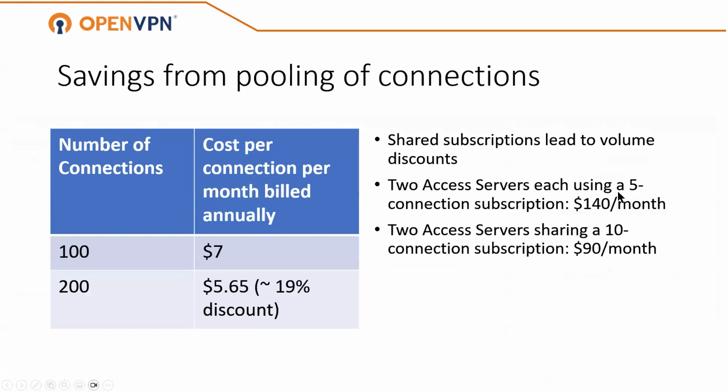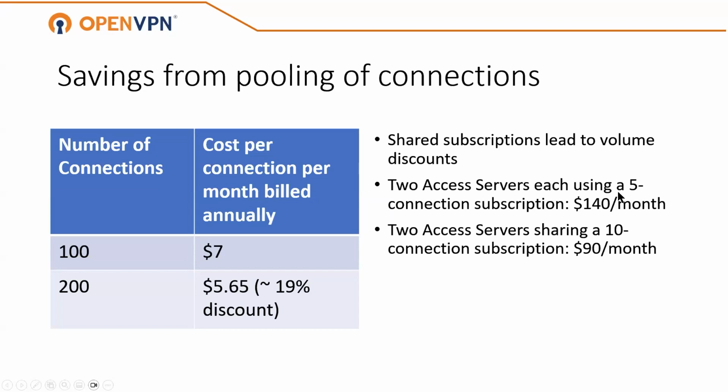So here's an example of how pooling of connections saves you money, or at least has the potential to save you money. Because you don't need to buy a subscription for each server, and you can buy one subscription with a larger quantity of connections and share it with all access servers. So buying larger quantities of connections means that you can make use of volume discounts.